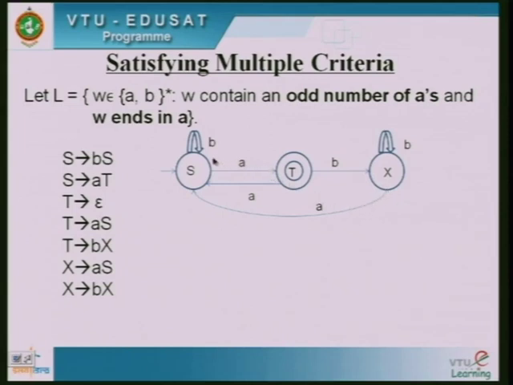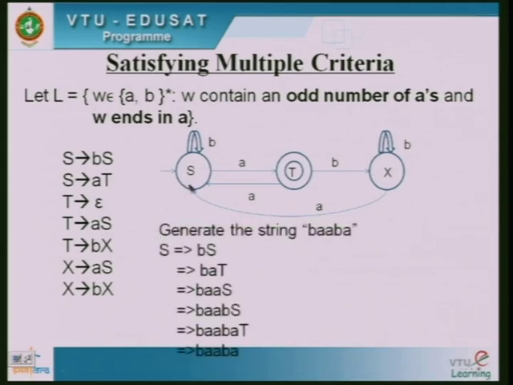Next, with one more A, it reaches the state S. Similarly, if you write the grammar, the equivalent grammar will be like this: first I have generated an odd number of A's, so next it should end with A, generating the string BAA, BA. So this is one example I have derived. If you observe, the string contains an odd number of A's and ends with A.